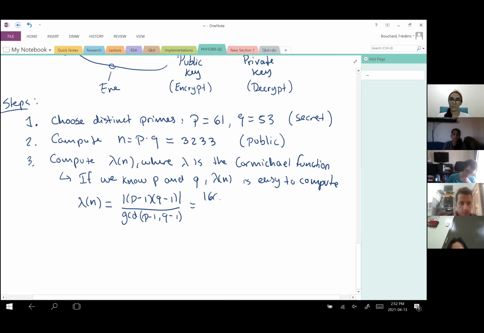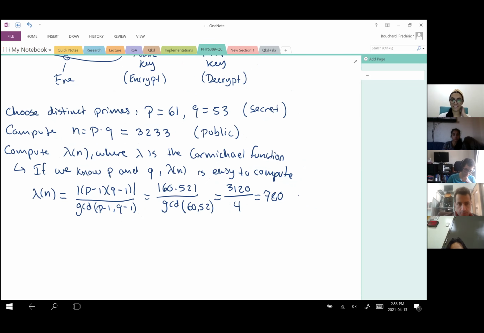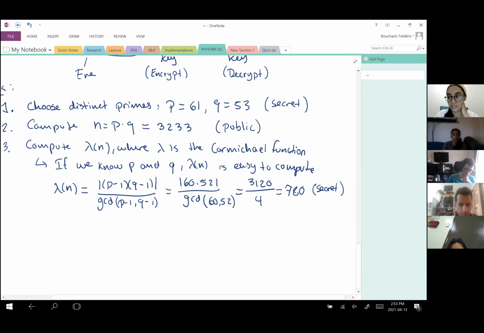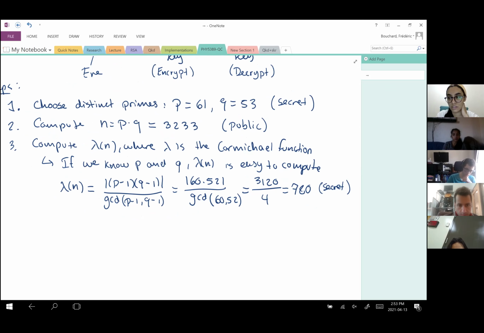So if we do the math, 60, 52, GCD of 60 and 52. Anyone knows what the GCD of 60 and 52 is? 4. Okay, so that's 780. And this is secret because it will be hard to calculate this. So Bob will calculate lambda n, but keep it secret.